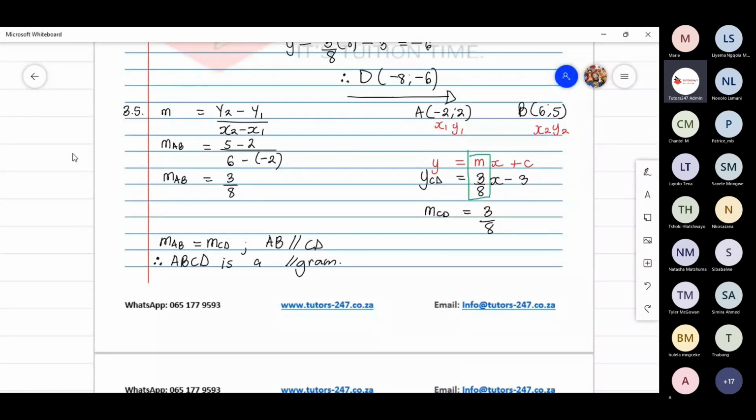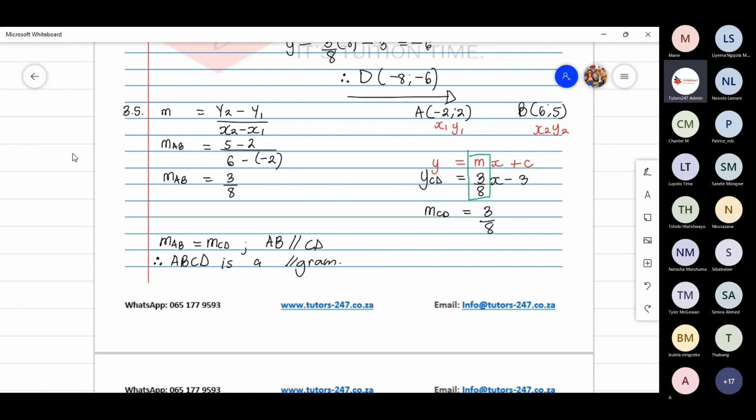It's like if your teacher asks you a question in class, what is 1 + 1? And your friend says 2. And then you put your hand up and you also say 2. The question was already answered. You don't need to re-answer it. It was already stated in that question, and we used that property in question 3.1. So all we needed to do was show that AB is parallel to CD.